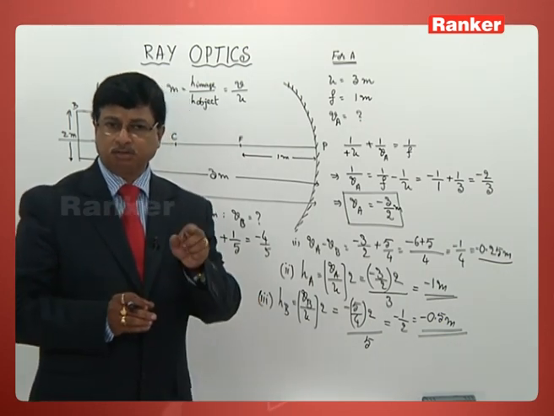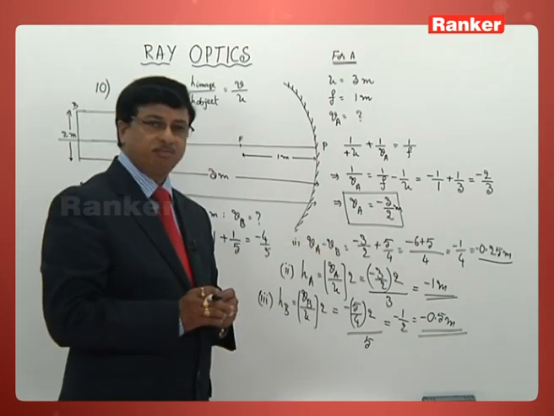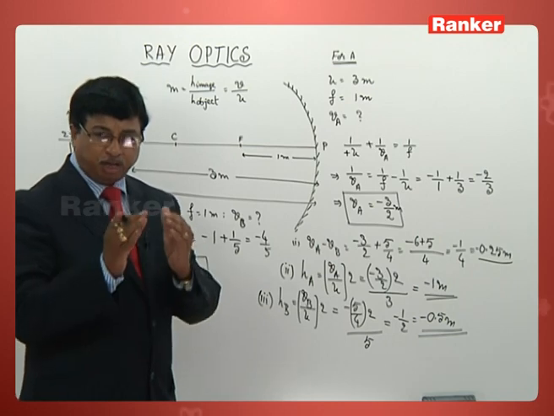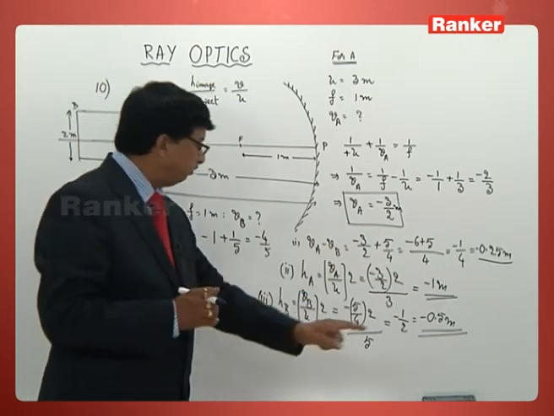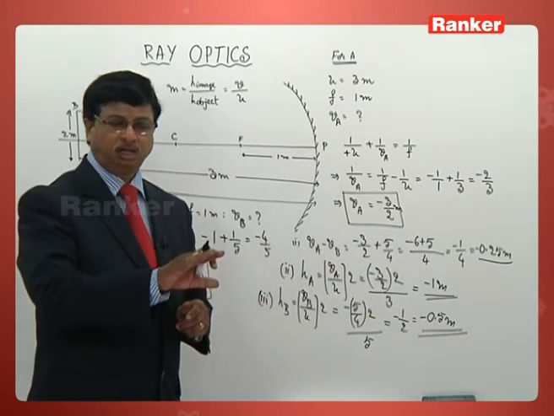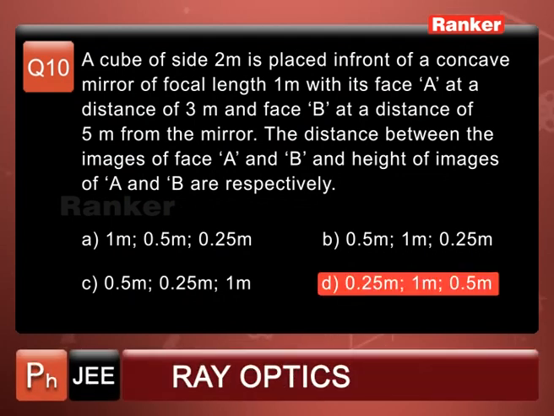In the fourth option, the first part given is 0.25 meter, the second part given is 1 meter, the third part given is 0.5 meter. All the three in the same order we are getting there. So the correct answer for this particular question is going to be D now.